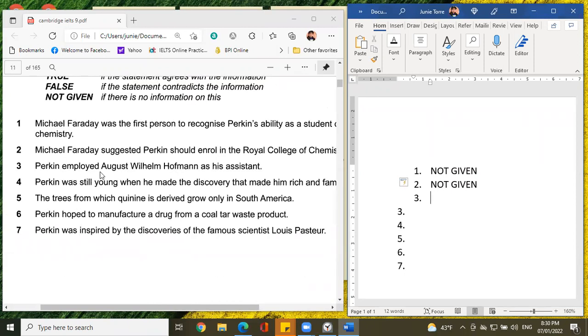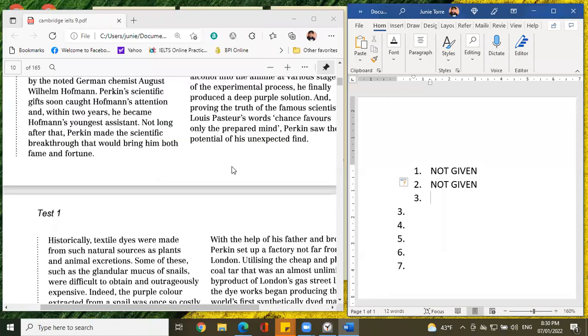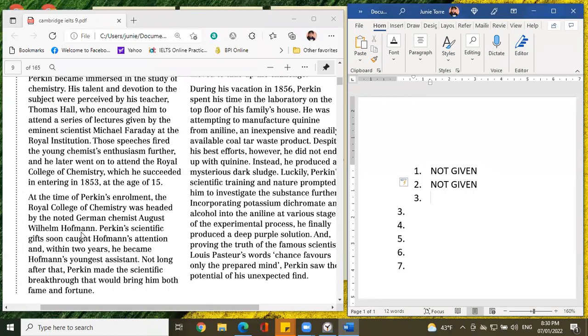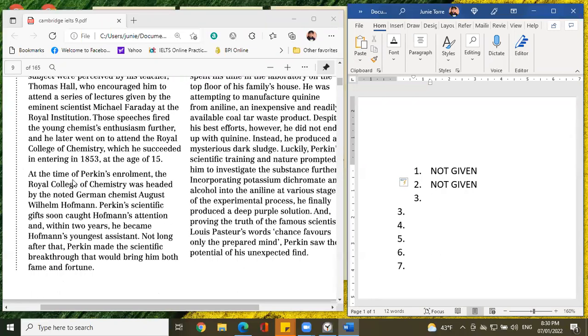Then, Perkin employed August Wilhelm Hoffman as his assistant. So let's look for Hoffman. There's Hoffman. "At the time of Perkin's enrollment, the Royal College of Chemistry was headed by the noted German chemist August Wilhelm Hoffman.